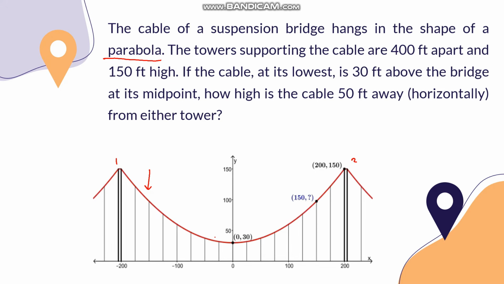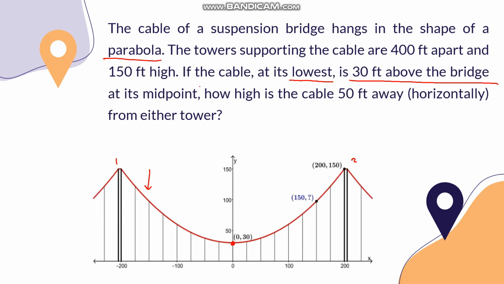Now, the vertex of this parabola, its lowest point, is 30 feet above the bridge. So this is the vertex, and it's 30 feet above the bridge. If the bridge level is 0, then the coordinates that represent the vertex are (0, 30).